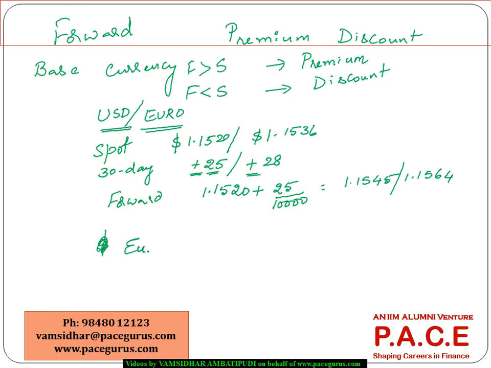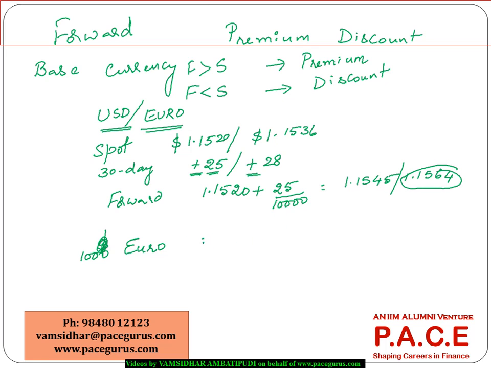I am a US investor, I want to buy 1000 euros after 30 days. So because of the forward contract, I would be able to buy euro at the rate of 1.1564.